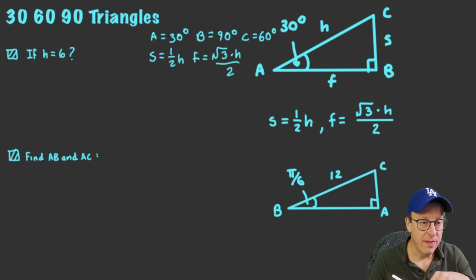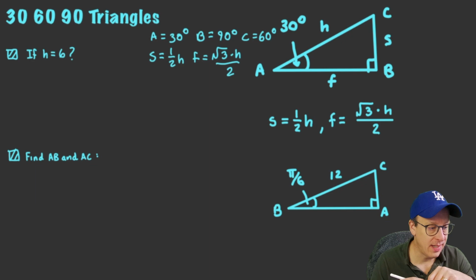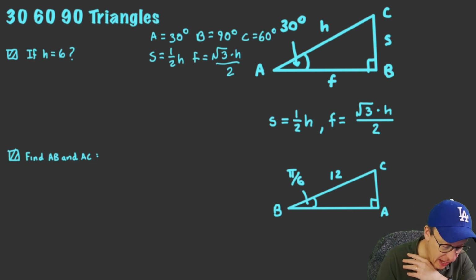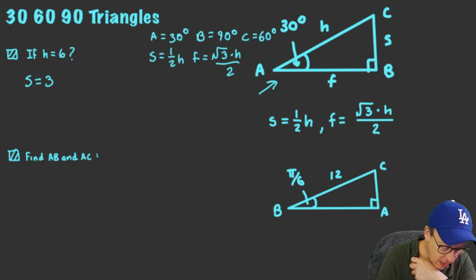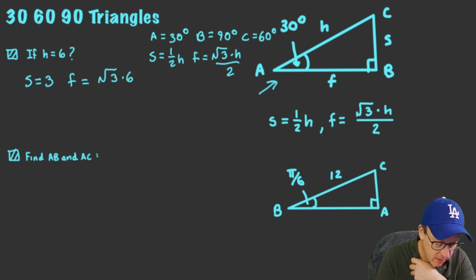So if H is equal to 6, and I'm using this triangle here as an example, then S is going to be equal to 3, and F is going to be equal to the square root of 3 times 6 divided by 2, which is approximately 5.19.